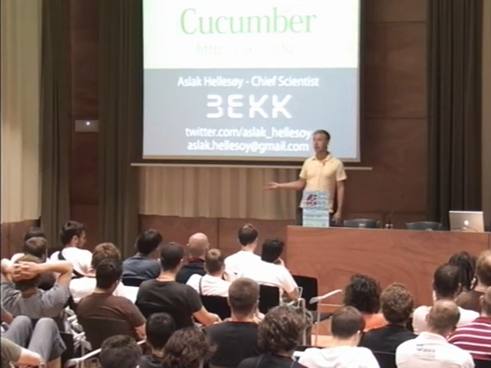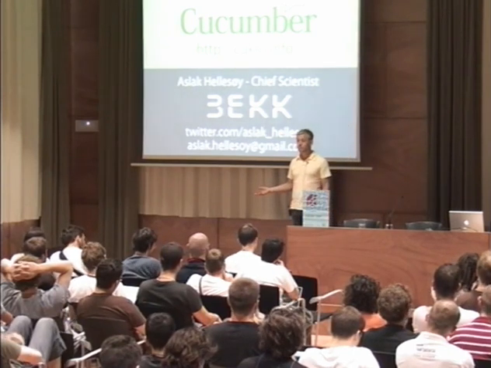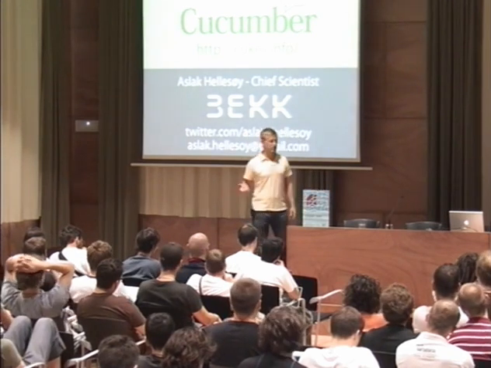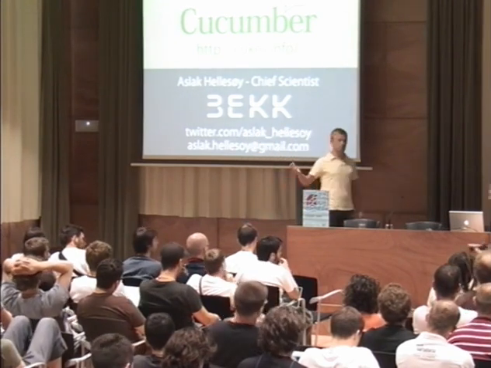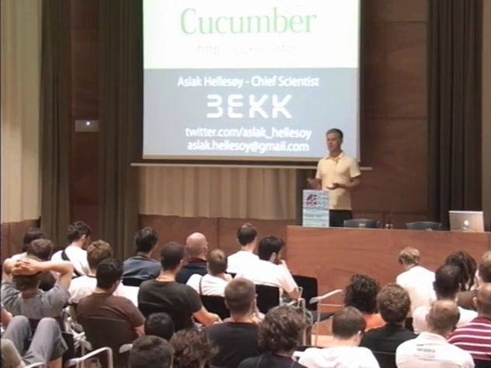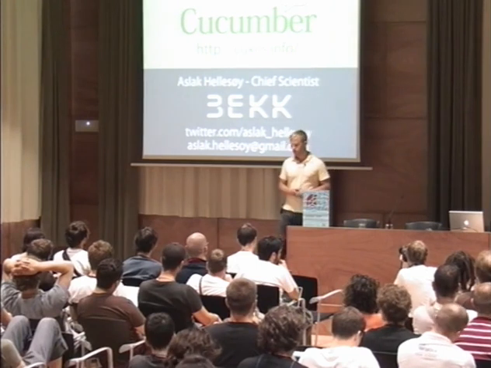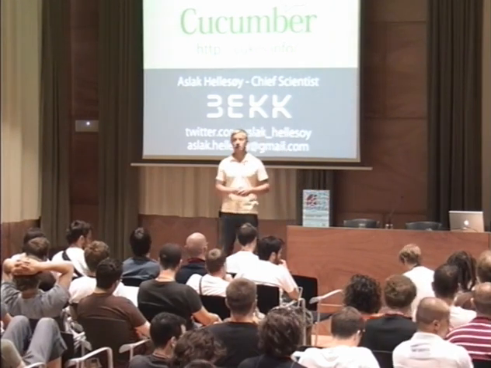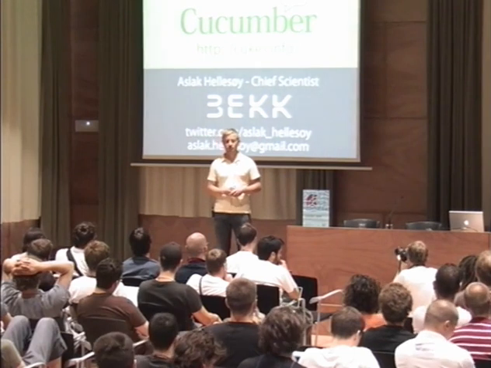Yeah, so he made JBehave, and then he wrote RBehave because he thought his idea was so great, he wanted to bring it to the Ruby people because he loves the Ruby people so much. And RBehave never really caught on, but he rewrote it another time and called it Aspect Story Runner.